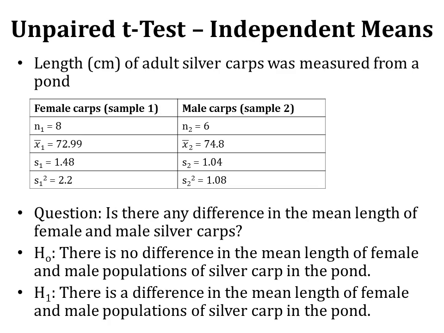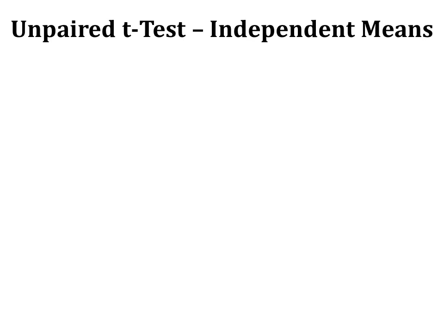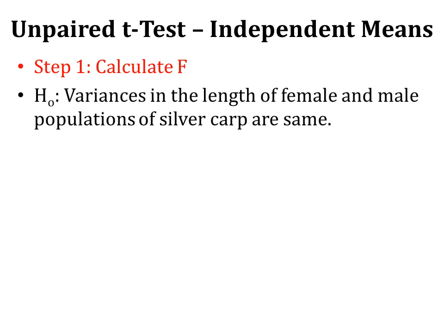So what should be our next step? Because we are going to employ the unpaired t-test, we should make sure that the variance ratio is equal to unity, or that the variances of the two samples are the same. For that purpose, we are going to calculate the variance ratio, which is the F value.